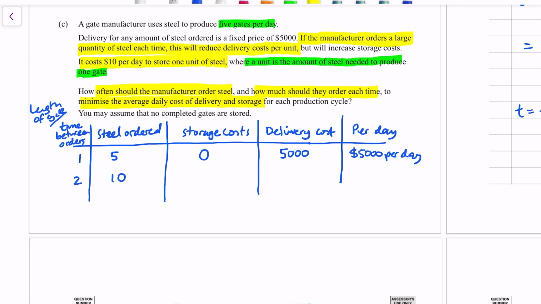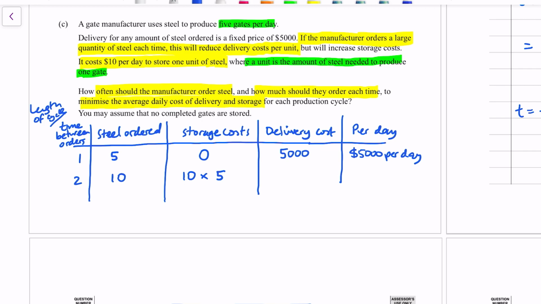So if they order 10 in an order, 5 of it will get used to make gates. The other 5 will get stored overnight to be used the next day. So the storage costs are going to be $10 times 5, given that only 5 of the units will be stored.